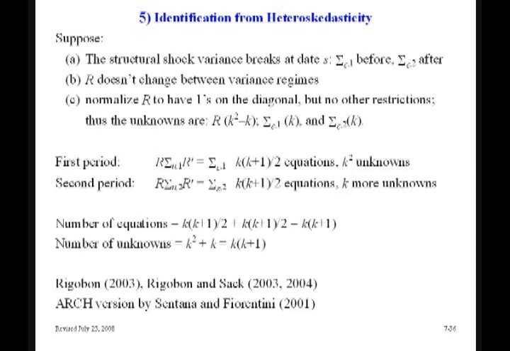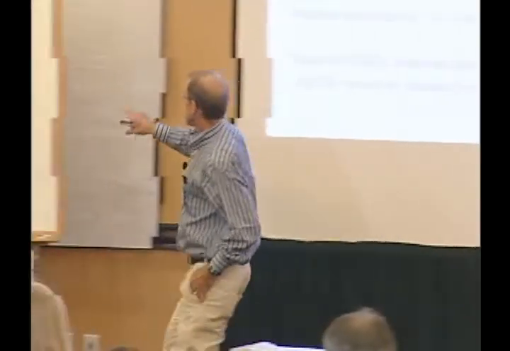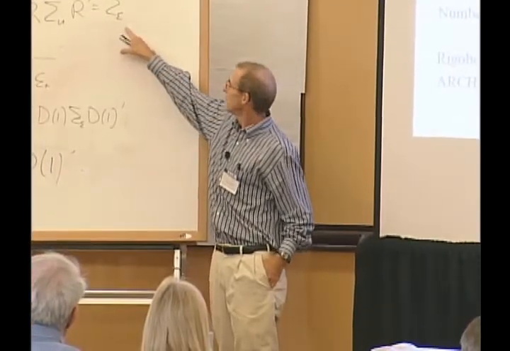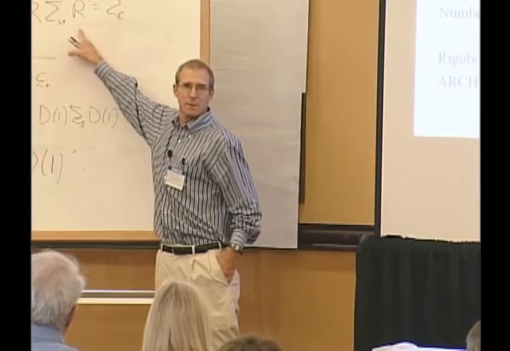To be precise, suppose we have a model in which the structural shock variances decreased, not proportionally, in 1984, but the R matrix didn't change. So sigma epsilon changes, but R isn't.